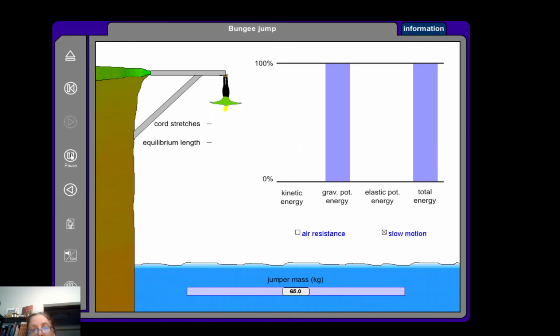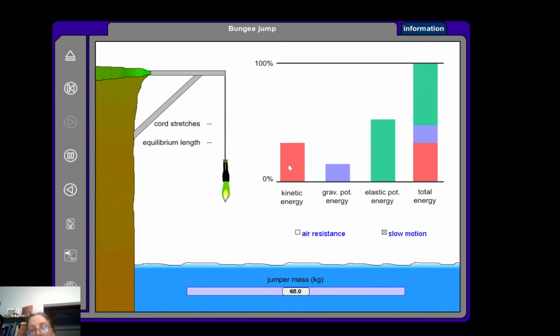So that will be all potential, then some kinetic, and kinetic increases. Up here, you see kinetic is maximum. Elastic potential energy is about to come into play. Then elastic potential energy increases, kinetic energy decreases, right?